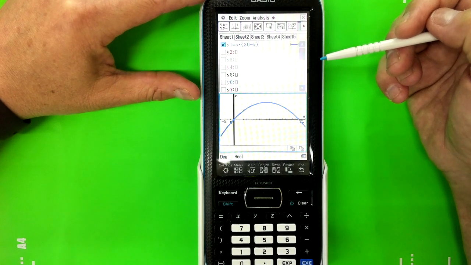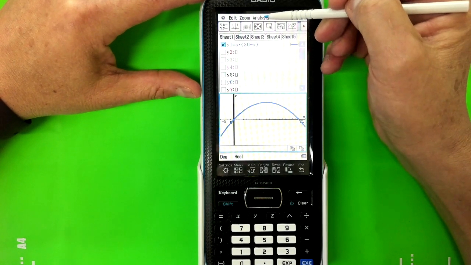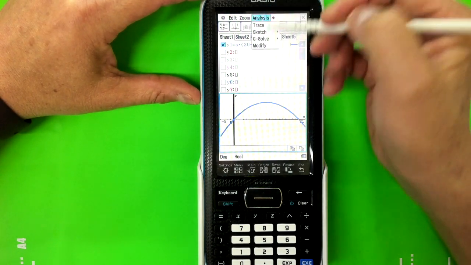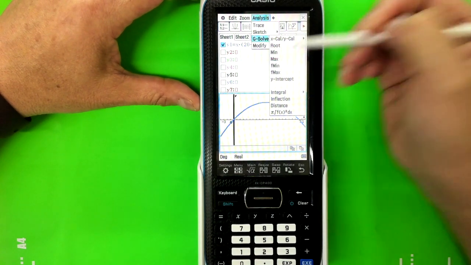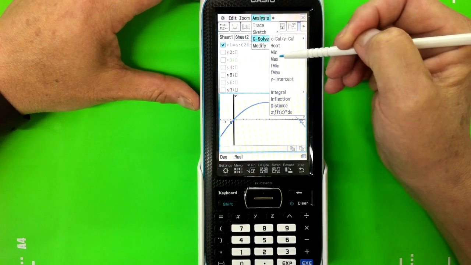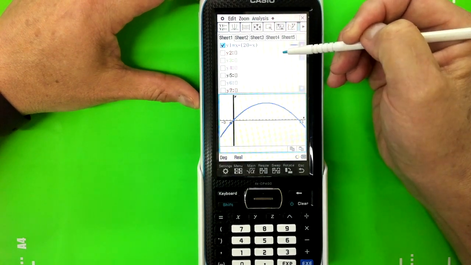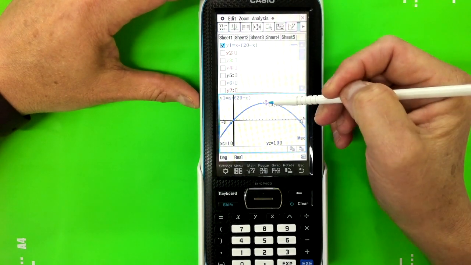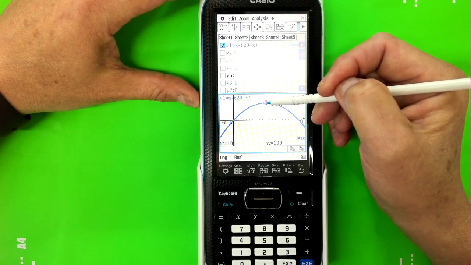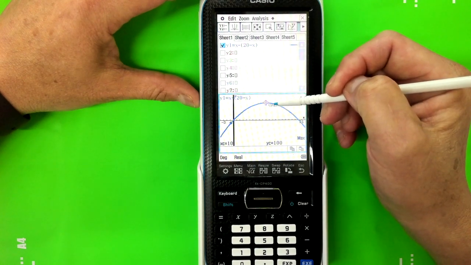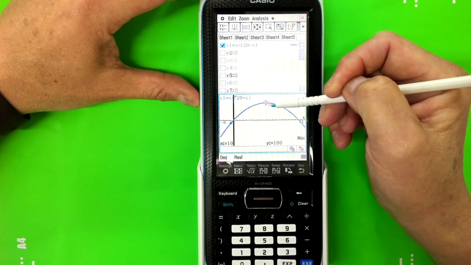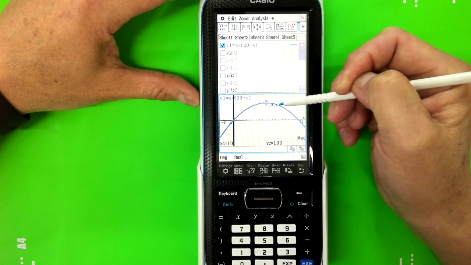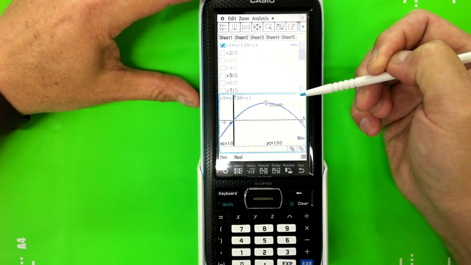Now, to find the maximum value, you go to Analysis, GSolve, and you click Max. The calculator will show you where the maximum is, which is 10 and 100. So it's 10 meters and the area is 100 meters square.